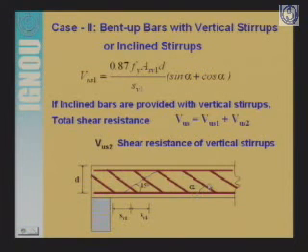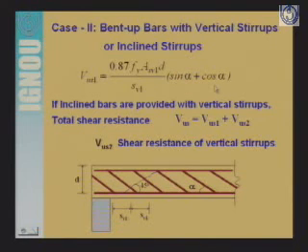If the angle of inclination of these inclined bars or bent up bars is alpha, then in that case the shearing resistance provided by these bent up bars we can write as VUS1 equal to 0.87 Fy ASV1 into D divided by SV1 into sin alpha plus cos alpha.